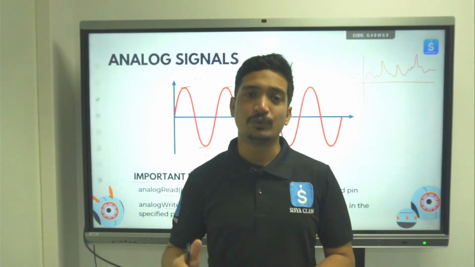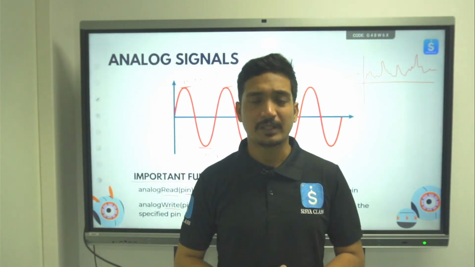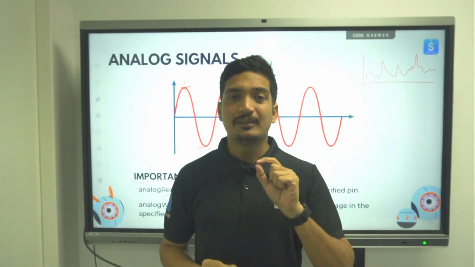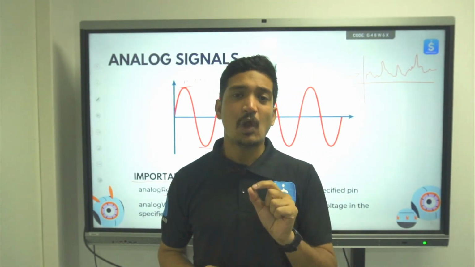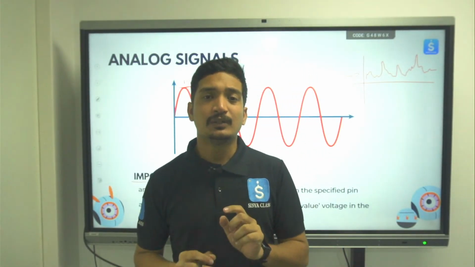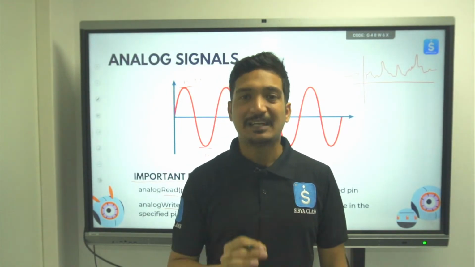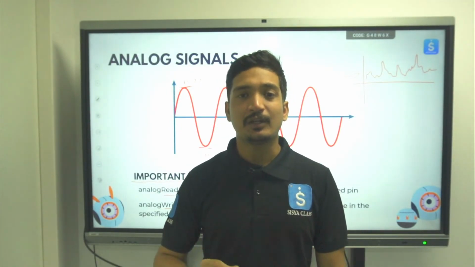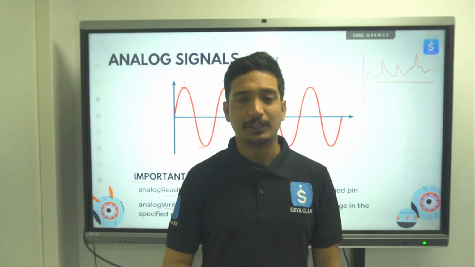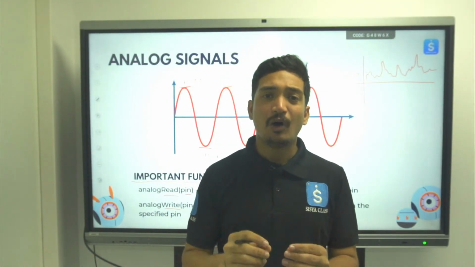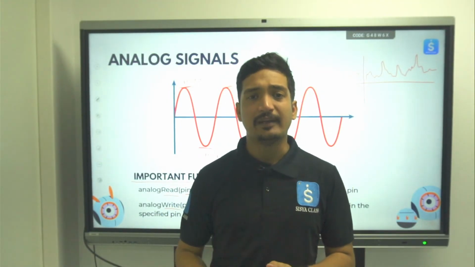It can be 1, 2, 3, 4, 5 all the way up to 13. However, when you are referencing an analog pin, every number should be prefixed with the character A, which tells the code that we are referring to an analog pin and not a digital pin. So that's the difference between how you refer to an analog pin and a digital pin.